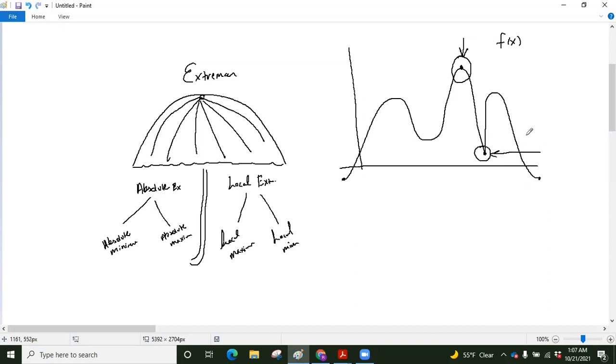That's what they mean when they say absolute extrema. Both of these points are absolute extrema because one is absolutely the smallest value, not in terms of magnitude, but it's the lowest point on the graph. And this would be an absolute max because it's the highest point. It is absolutely the highest point throughout the entire graph.